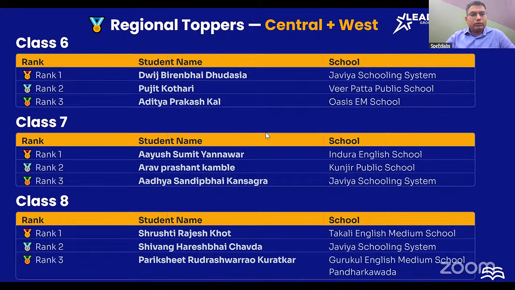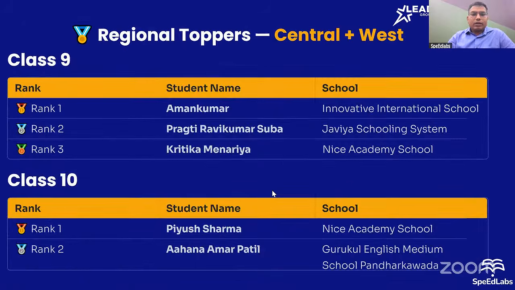Seventh grade, we have Ayush, Arnav, Adya. For eighth grade, we have Shruti, Shivang, Parikshit. And these students' school names are also there. For the ninth grade, we have Aman, Pragati, Kritika. For 10th grade, we have Piyush. So good.